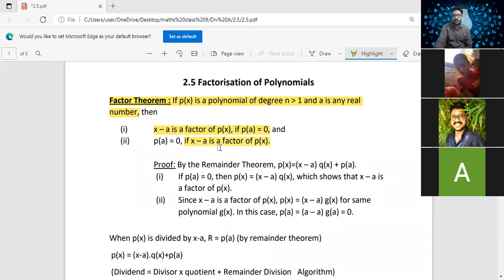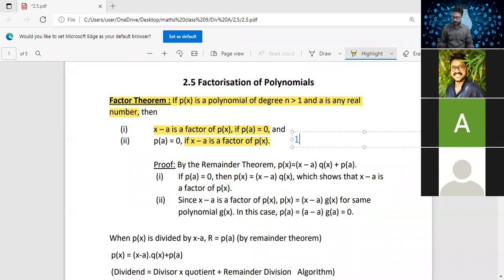We can say that a factor of any number or any polynomial means it divides that polynomial or number completely. I'll show you. See, here we are taking the number 15. We can write 15 is equal to 3 into 5. So we can say that the number 5 is a factor of 15. It was just an example.